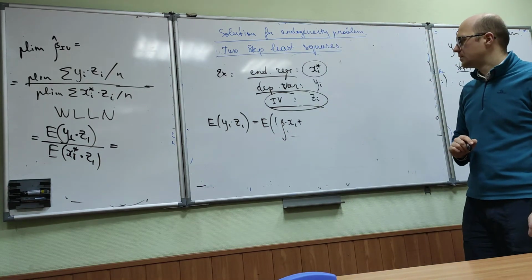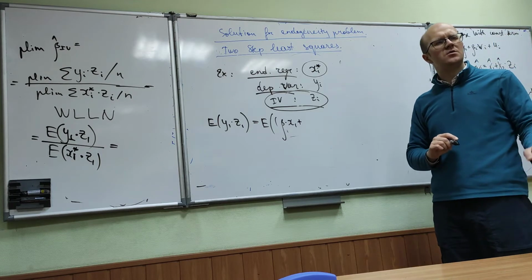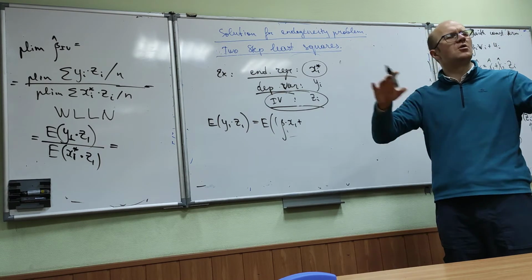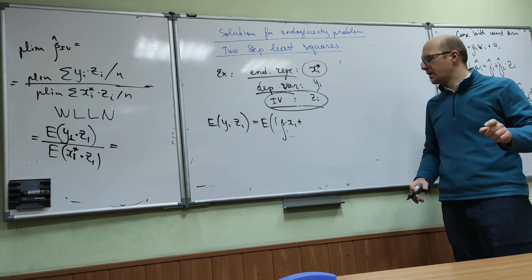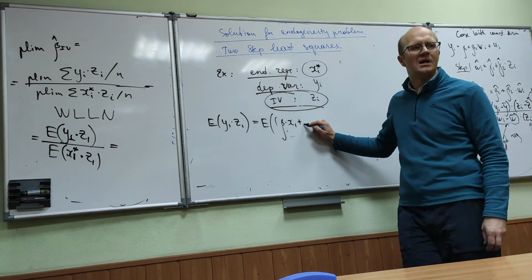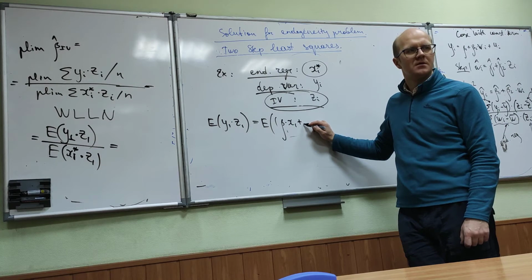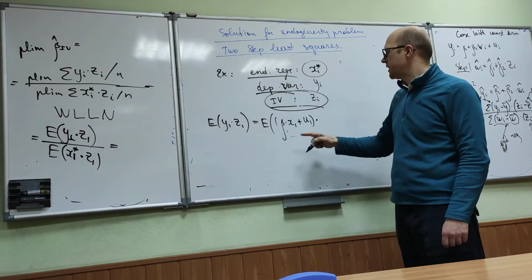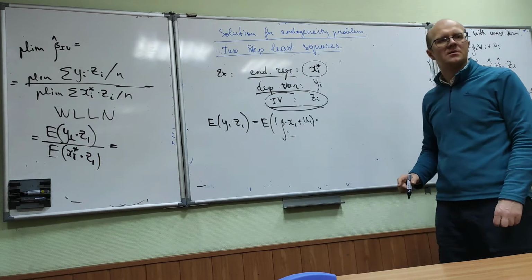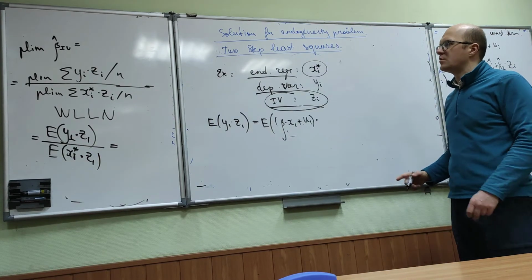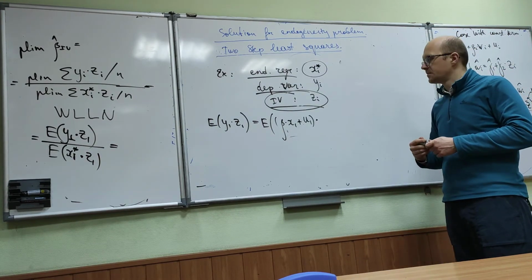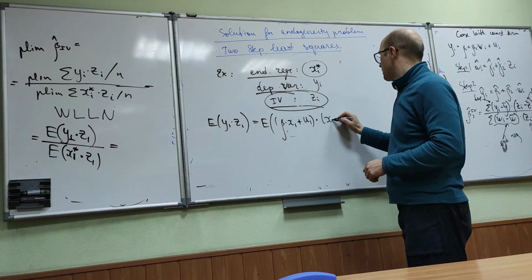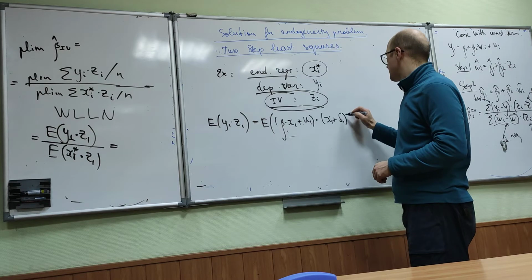Plus u1, the first one. Multiplied by, what is the formula for z1 in our example with Khachapuri? x1 plus delta1.